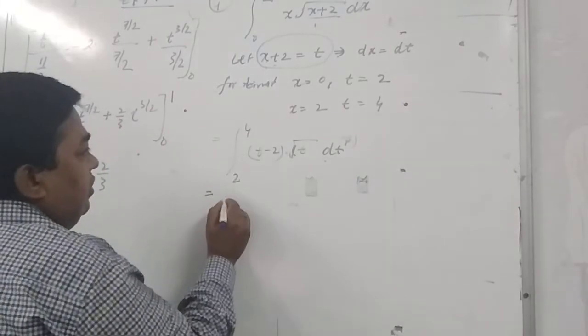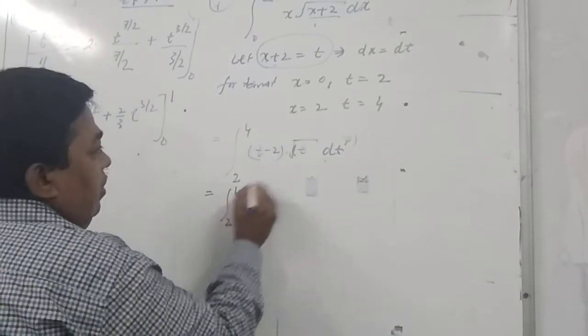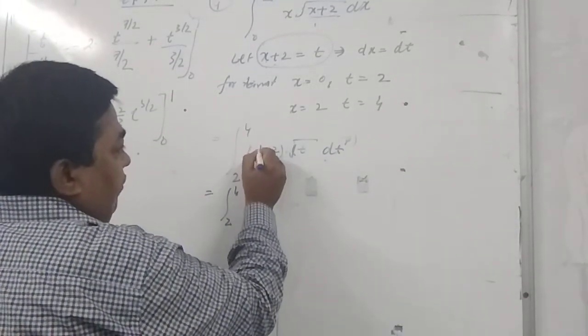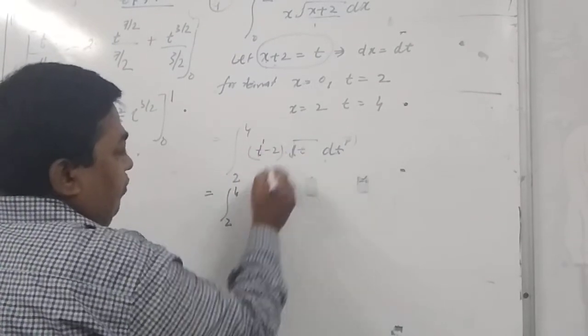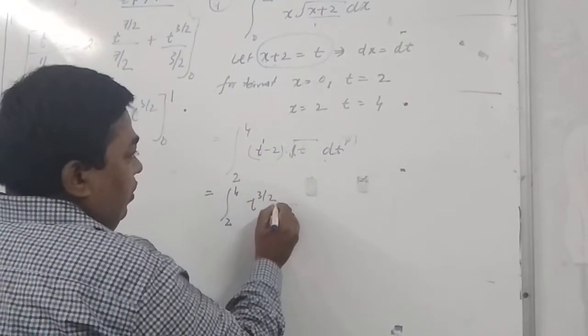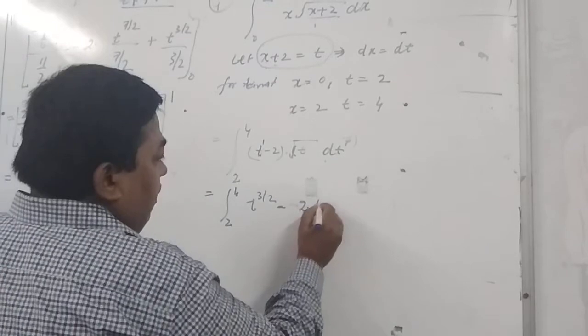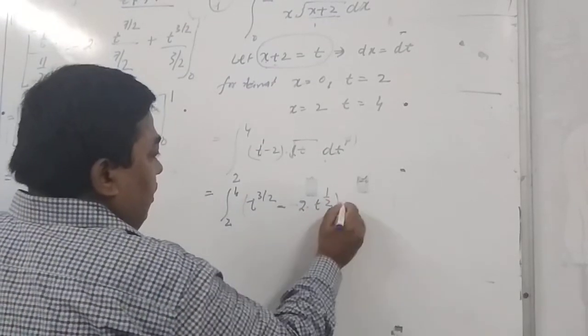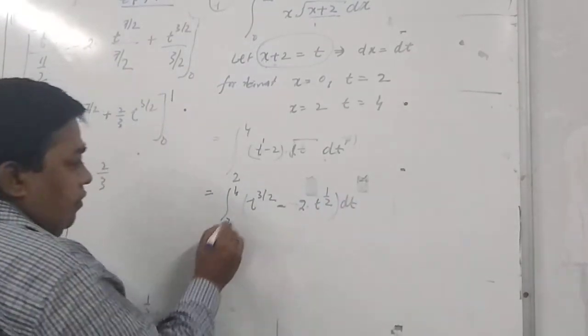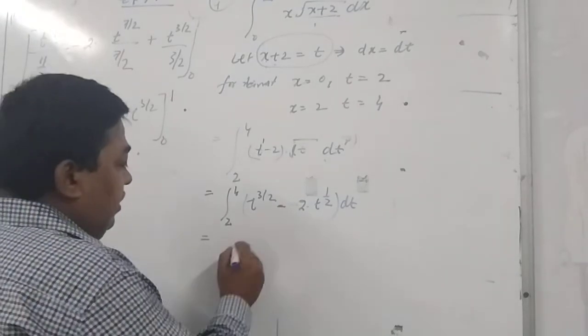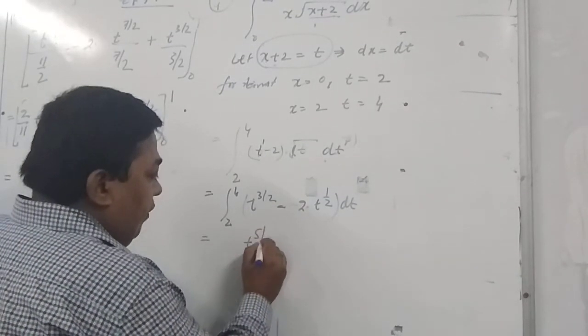One more change: this is power 1 and power 1/2, so t to the power 3/2 minus 2t to the power 1/2 dt.